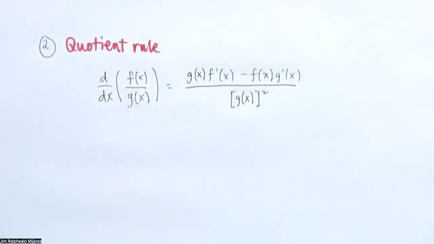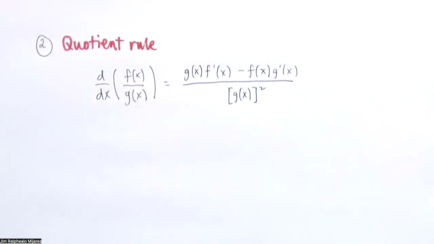And you might be looking at this and you're like, whoa, that's harder to remember than the product rule. Because if you remember the product rule, it's just left d right plus right d left.